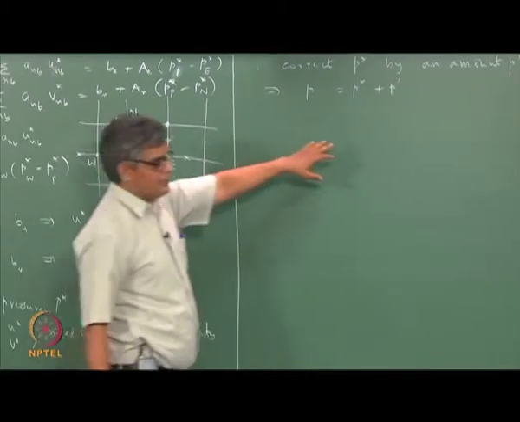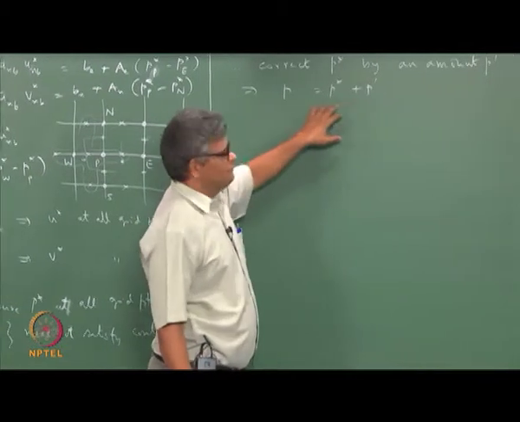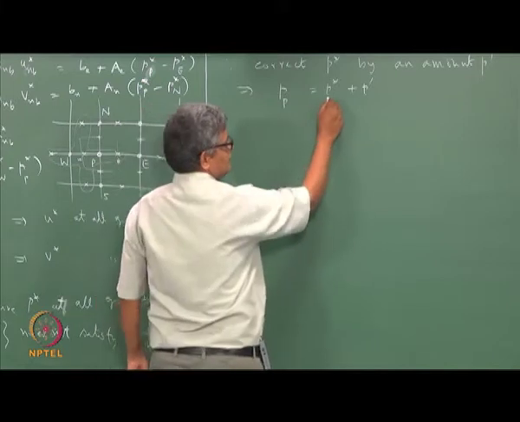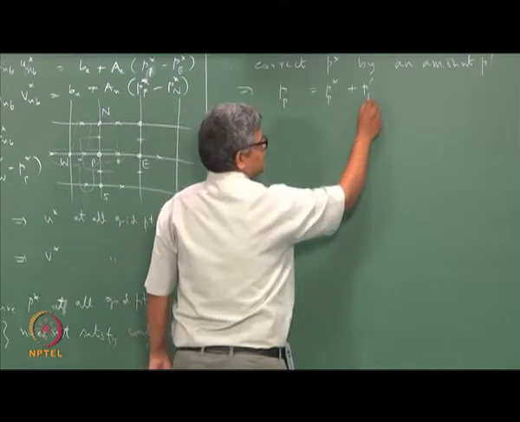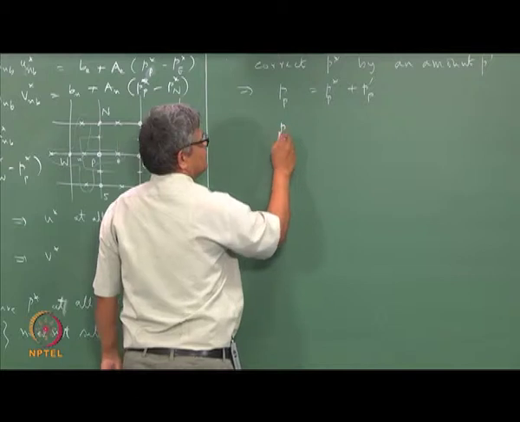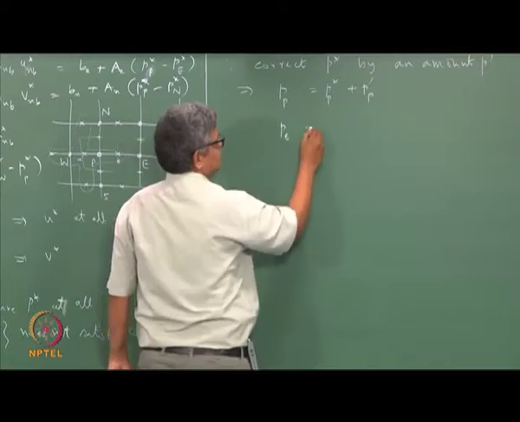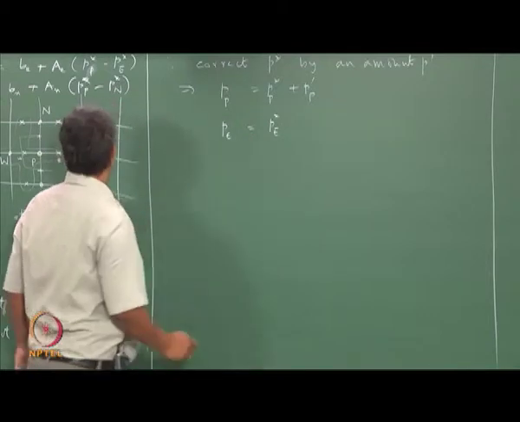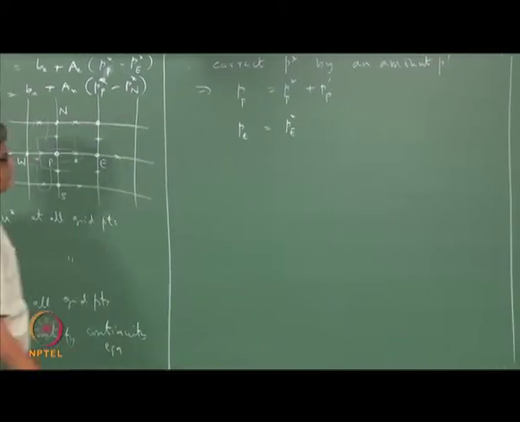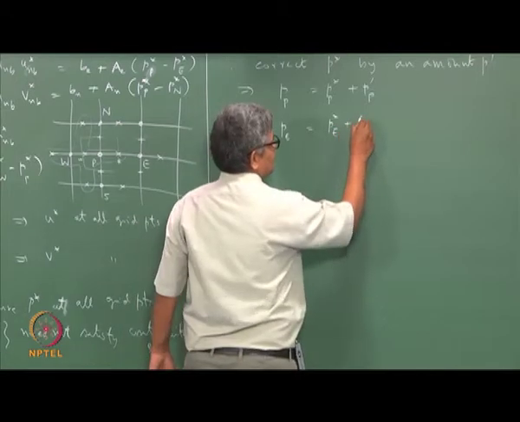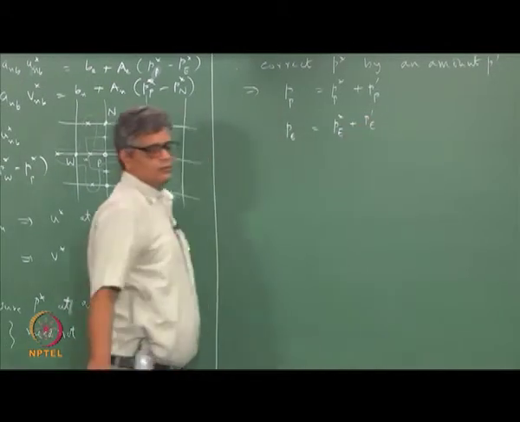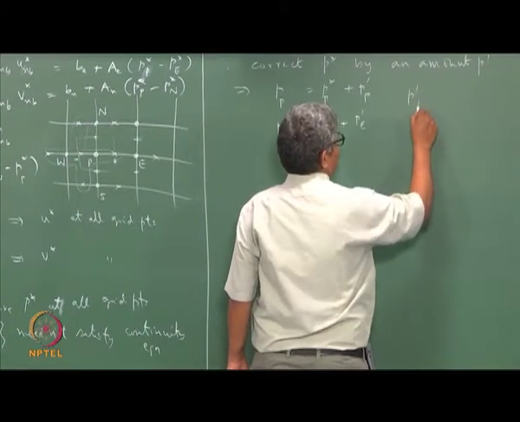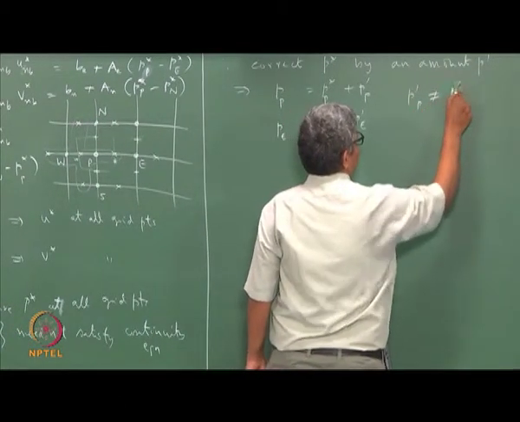So, this pressure correction will vary from point to point. For example, at capital P we have the guessed pressure field plus a pressure correction. Similarly, the true pressure at capital E is P star E, which we have used for the velocity determination, plus a pressure correction at capital E. And we are saying that in the general case P prime P is not equal to P prime E.